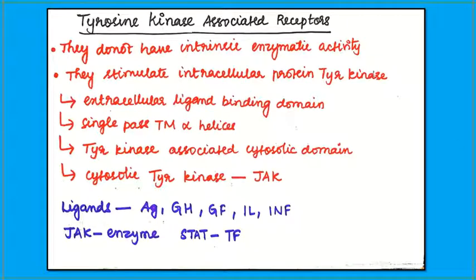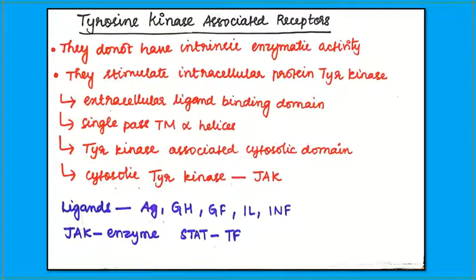So the enzyme which is involved in tyrosine kinase associated receptor is Janus kinases, and the transcription factor is STAT. That's why this pathway is called the JAK-STAT pathway.